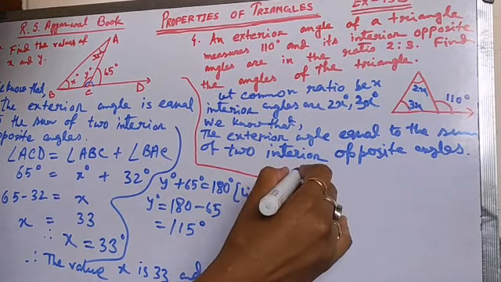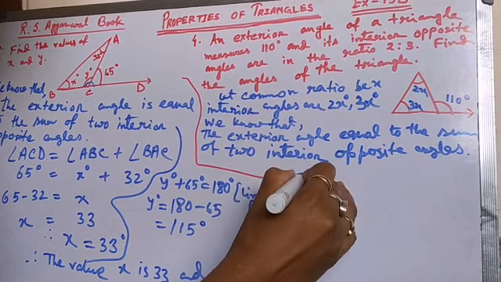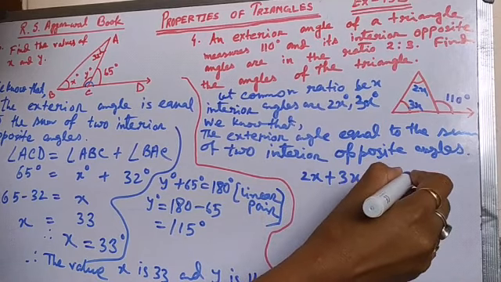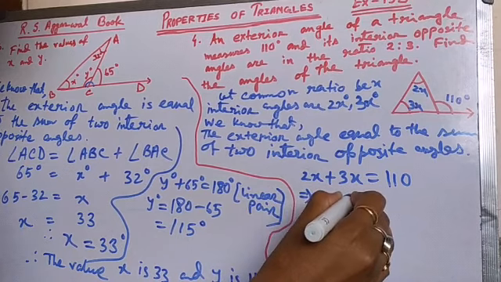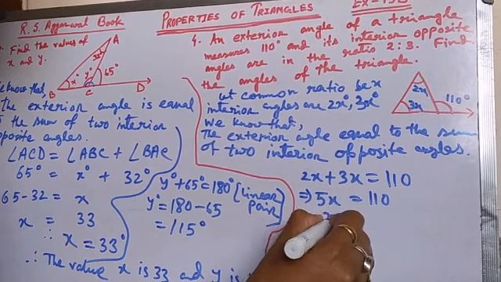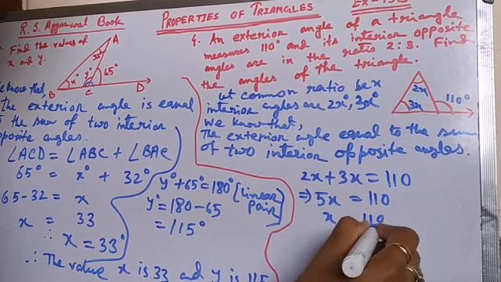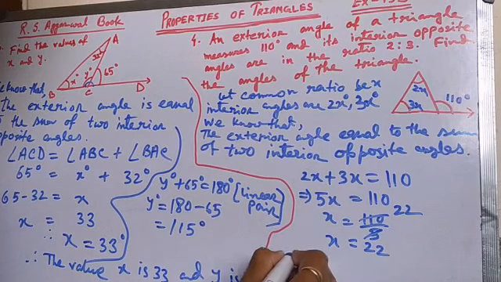That means 2x plus 3x equals the exterior angle, which implies 5x equals 110, x equals 110 by 5, so x equals 22.